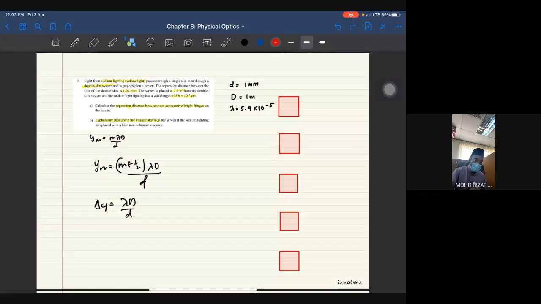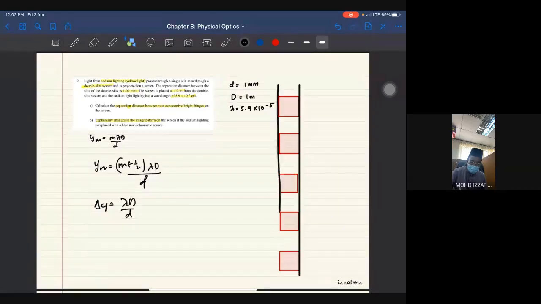Kuantiti apa? Ni tengok saya buat apa ni? Melukis. Tak tahu dia tanya apa. Not sure.